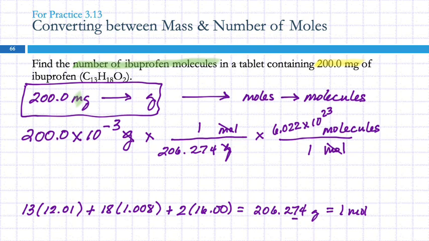So, now I'm going to use my calculator. 200.0 EE negative 3 divided by 206.274 times 6.022 EE 23 equals.